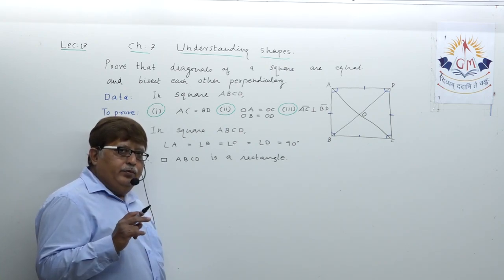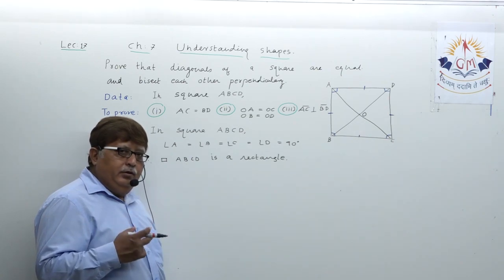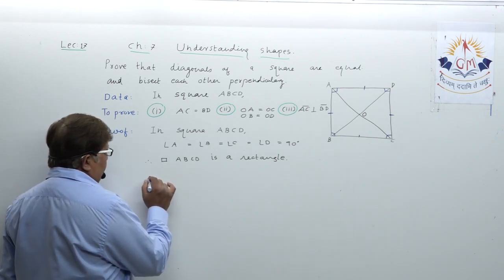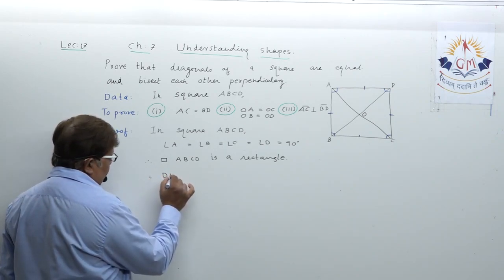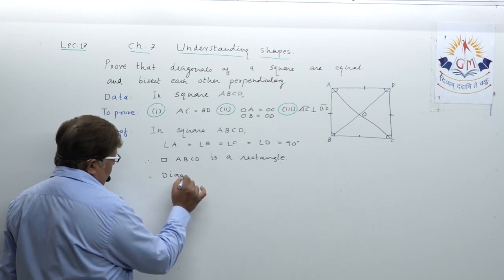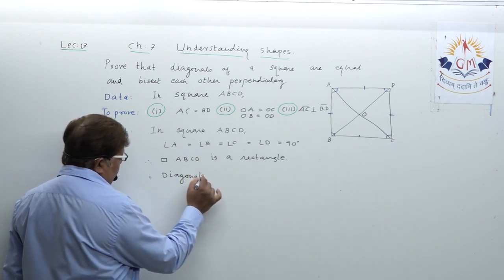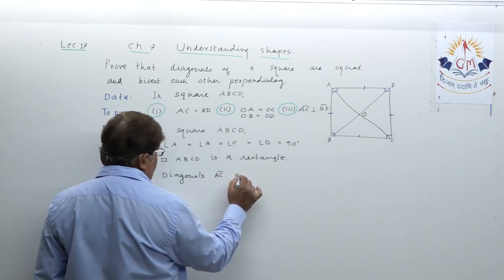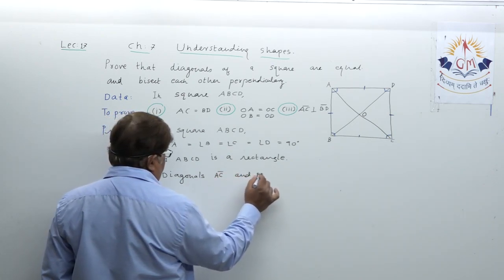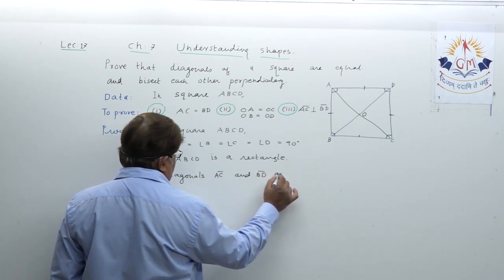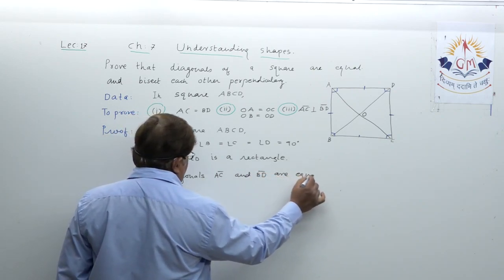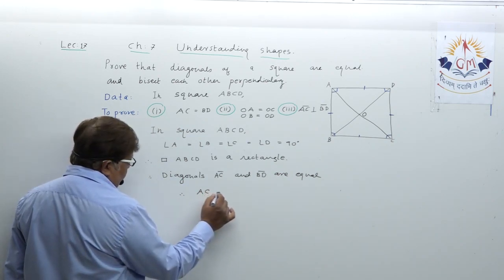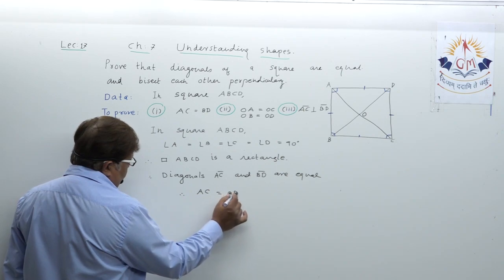So that property of rectangle also implies for square, that therefore diagonals AC and BD are equal. You understood? So one thing is proved, therefore AC equal to BD.